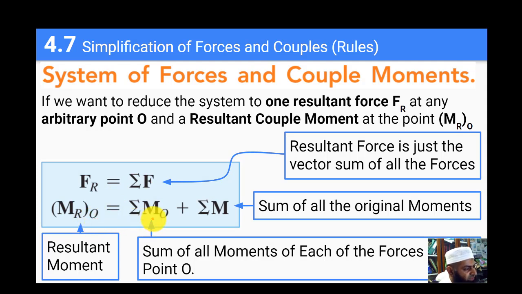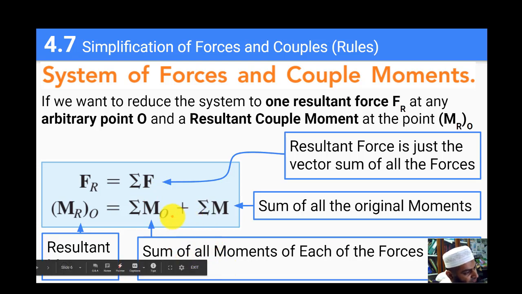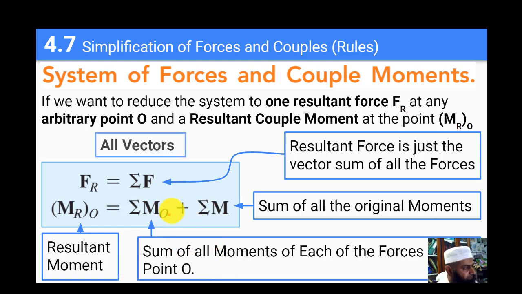We can write these moments into their Cartesian vector form, and then we can add those two Cartesian vectors. So all of that still applies here, but this extra term is the only new thing: anytime we move a force around, we get an extra moment because of moving that force.